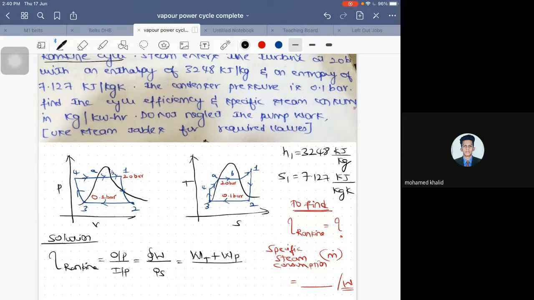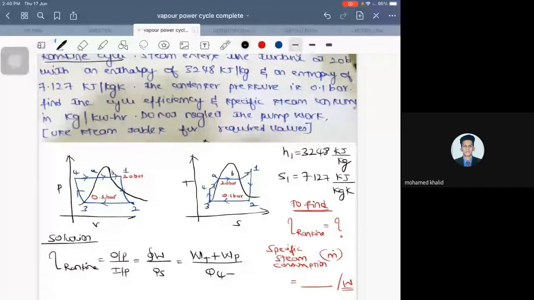Heat is supplied from 1 to 2, 2 to 3, 3 to 4, or 4 to 1? It is from 4 to 1.